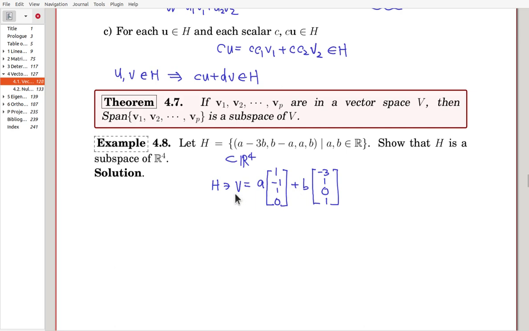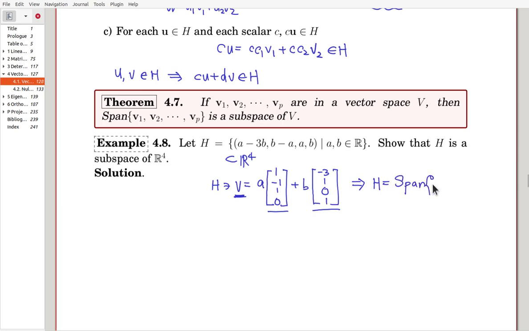So it looks like each element in H is a linear combination of these 2 vectors. So H is a collection of linear combinations of these 2 vectors. So we can write H is now the span of these 2 vectors.